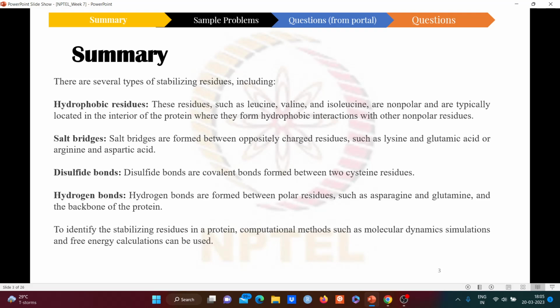In summary, the stabilizing residues of a protein are essential for maintaining the stability and conformation of the protein structure. These residues interact with other residues through hydrophobic interactions, salt bridges, disulfide bonds, and hydrogen bonds to stabilize the protein structure. Computational methods can be used to predict and identify these residues in a protein.